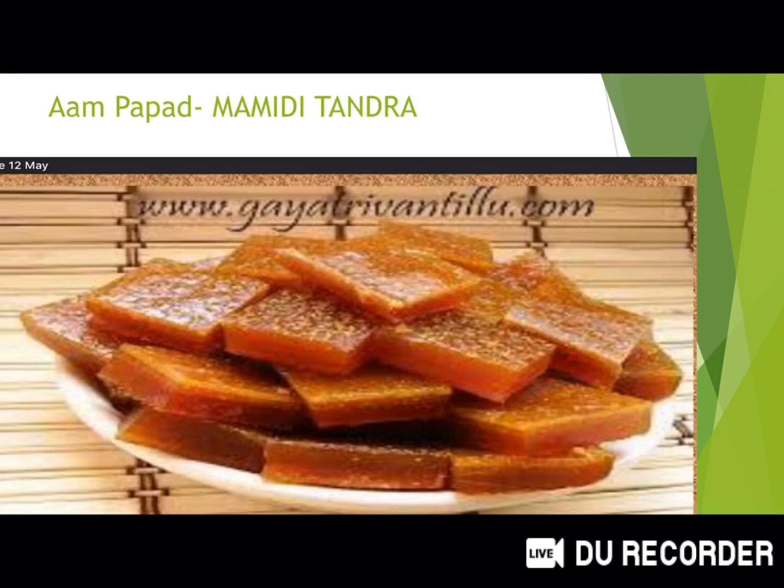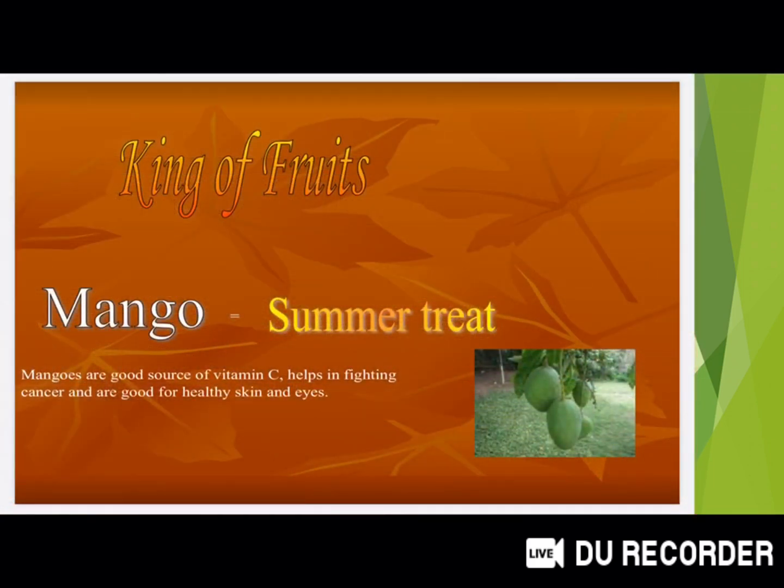In this video, we have discussed the preservation of food, spoilage of food, and the different methods, and about the different types of mangoes, the things prepared from mangoes, the king of fruits, mango, that is the summer treat, and you know that mangoes are a good source of vitamin C. You have to note it down, and you also have to note down the different methods of preservation of food and learn them.